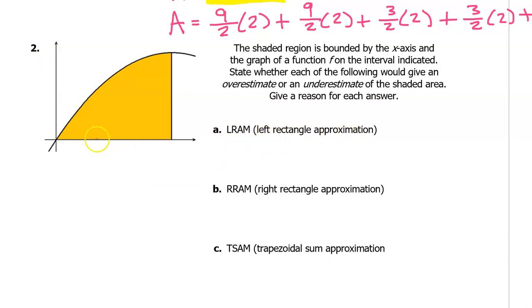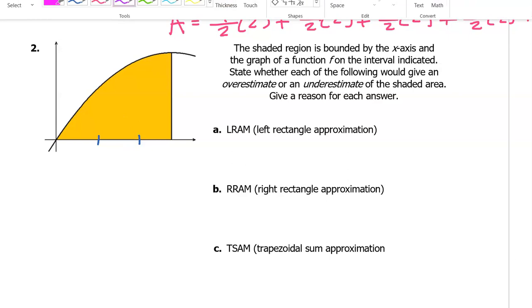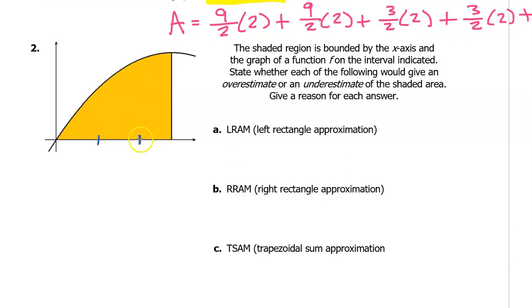I think we can get away with drawing a single rectangle to give us the idea. Let's just pick an interval, let's say from here to here. If we want to do the left rectangle approximation method, then we will draw our rectangle in such a way that the left edge of the rectangle just touches the function.